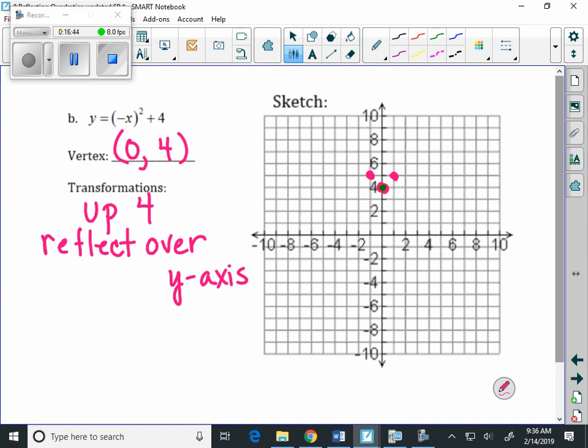We're going to go 2 spaces to the right and 1, 2, 3, 4 up. So we would have a point here, except that we're going to reflect it over the y-axis. So on the other side of the y-axis, that point is going to land. Again, you can't see the change in this particular one, although I do have an example coming soon where we're going to be able to see the change. That's the graph of this particular problem. It's reflected. We can't see it on the paper, but it is.